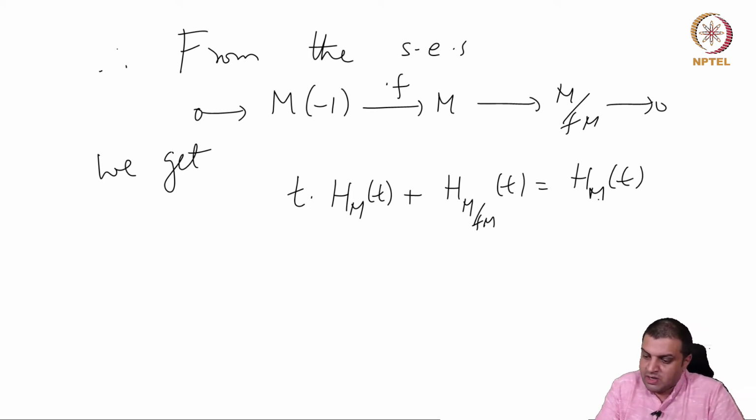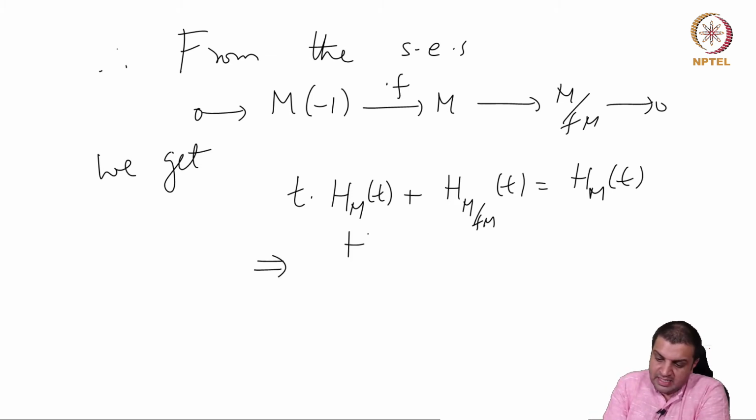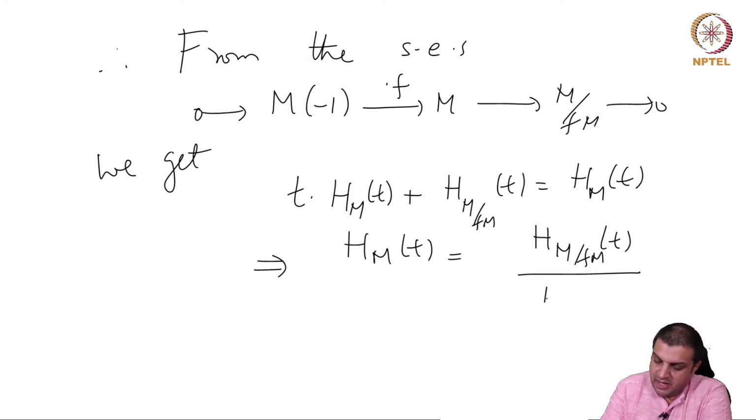This is the middle one, this is the outer two. So from this we conclude that H_M(t) is H_{M/fM}(t) divided by 1 minus t.